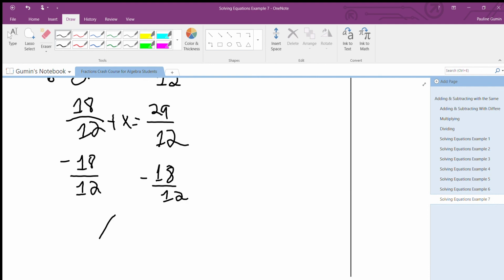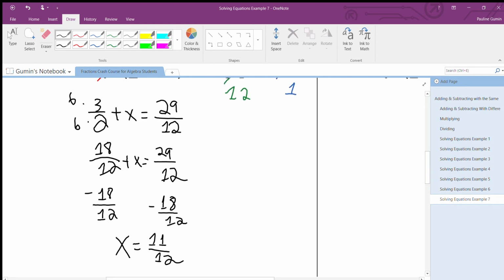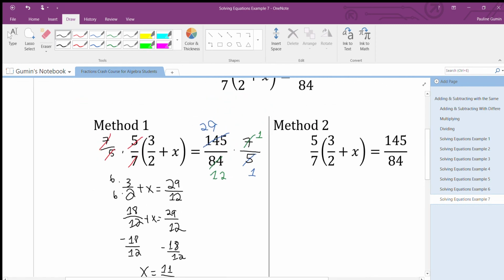Alright, so let's see how many twelfths we have. 29 twelfths minus 18 twelfths. We are left with 11 twelfths. Okay, not bad actually. This one wasn't too bad.